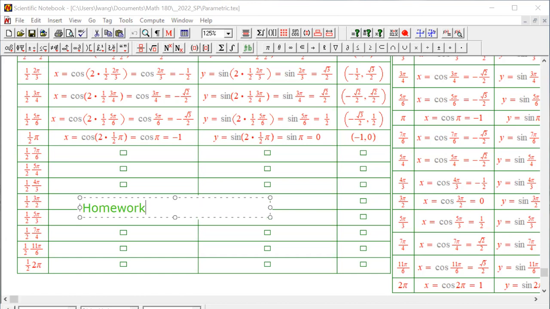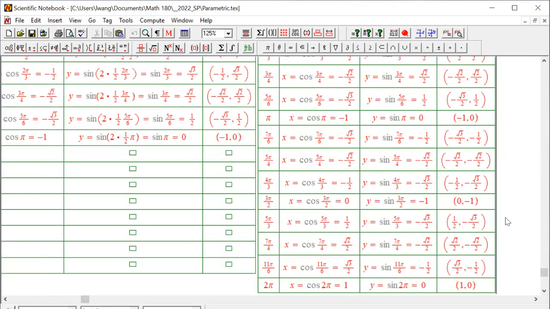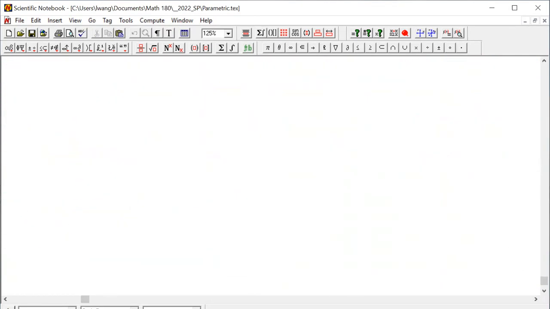Okay, now next we're going to do something different. This will be another example in your homework, but this time you're going to see both the algebraic skill. So I'm going to call this example number 5. Okay, so this is how it goes.